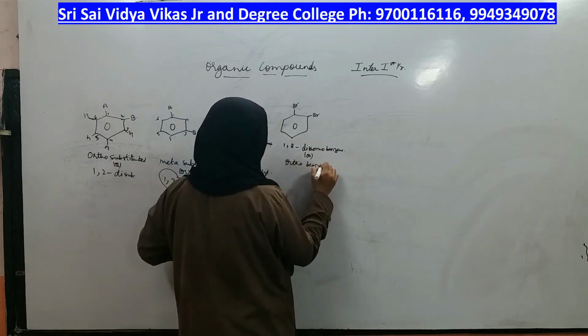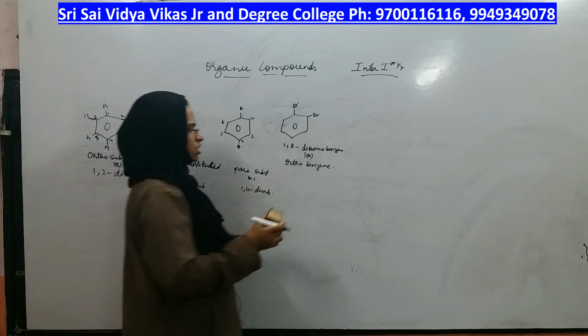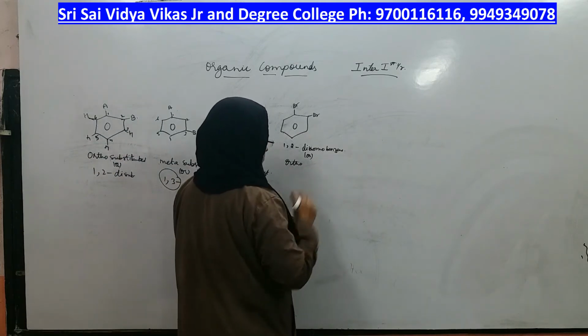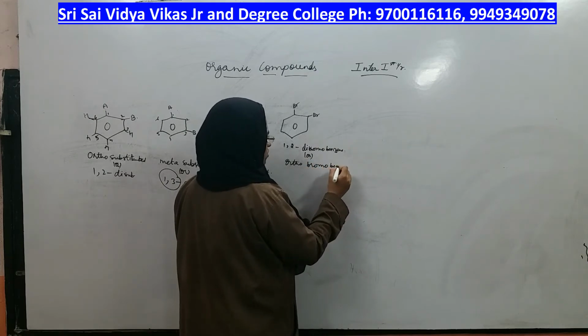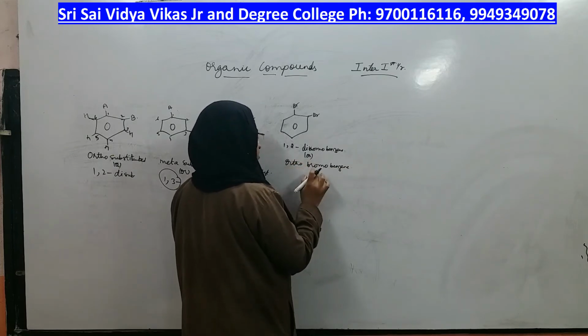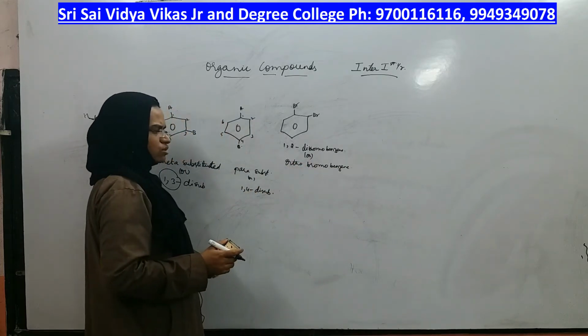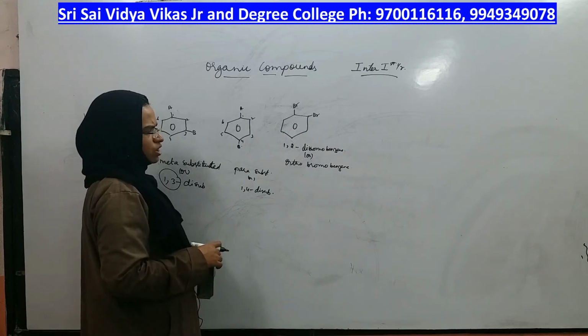Orthodibromobenzene. That's it. If you write orthobromo, it automatically means that two bromines are present and they are side by side. When you are writing orthobromo, no need to mention first position, second position, just say orthobromo.